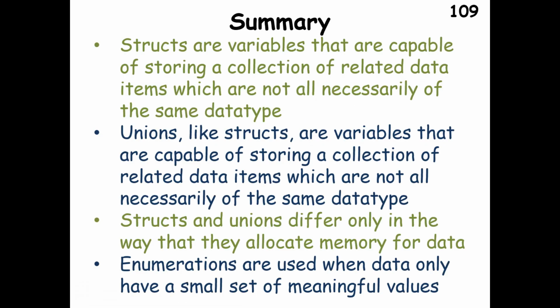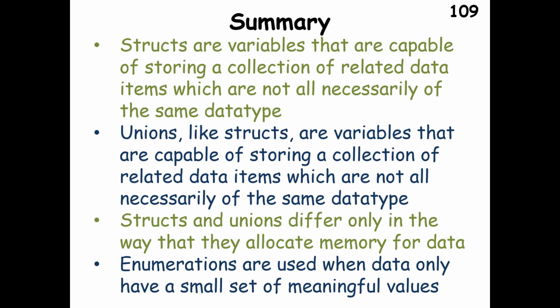Okay, we've come to the end of our lecture today, and so let's wrap it up. In summary, structs, unions, and enumerations are fundamental concepts in C that allow for organizing and manipulating data in various ways. Structs, short for structures, are variables that can hold a collection of related data items, and these data items do not have to be of the same data type.